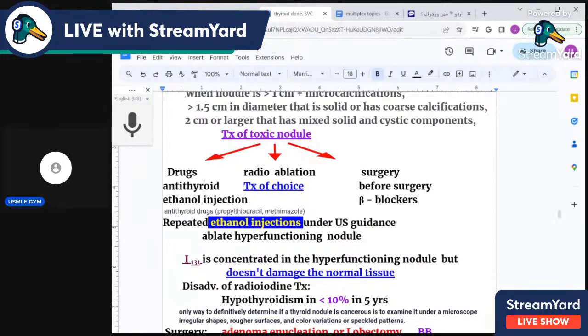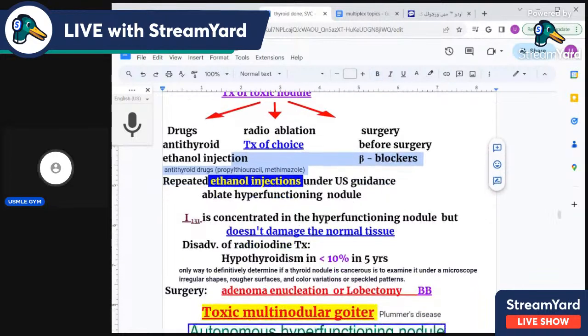The drugs are antithyroid drugs, propylthiouracil and methimazole, and ethanol injection. Repeated ethanol injection under ultrasound guidance ablates the hyperfunctioning hot nodule.